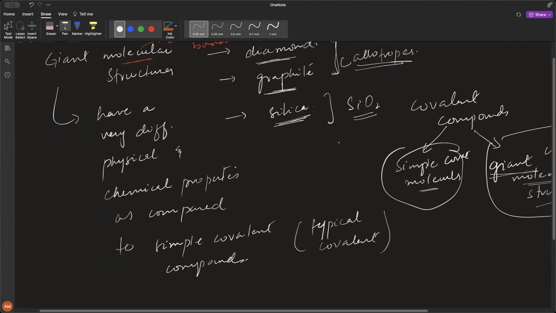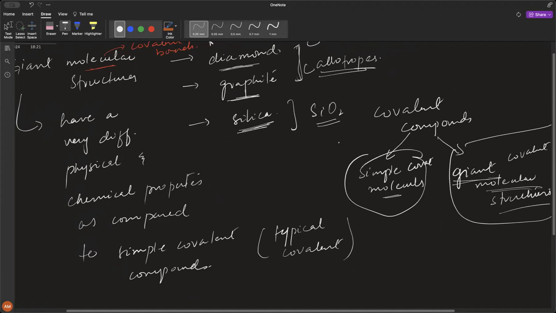Now we say the giant covalent structures have very different physical and chemical properties as compared to the simple covalent compounds. That is all we have discussed up till now. Simple covalent structures are typical covalent compounds. All the characteristics that we have studied up till now for the covalent compound are that they have low melting and boiling points.